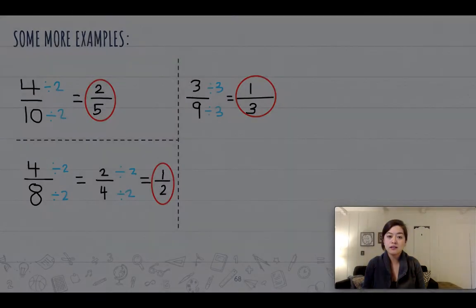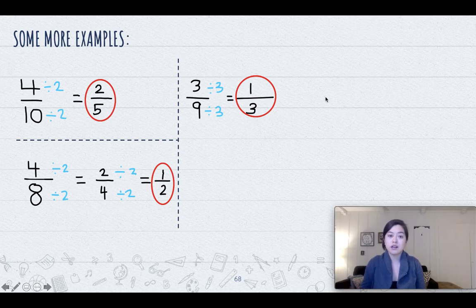And I get 1/3. And when it's a unit fraction where the numerator has a 1, we'll immediately know that it's in simplest form. Okay, all right, so 1/3 is equivalent to 3/9, and 1/3 is in simplest form of 3/9.